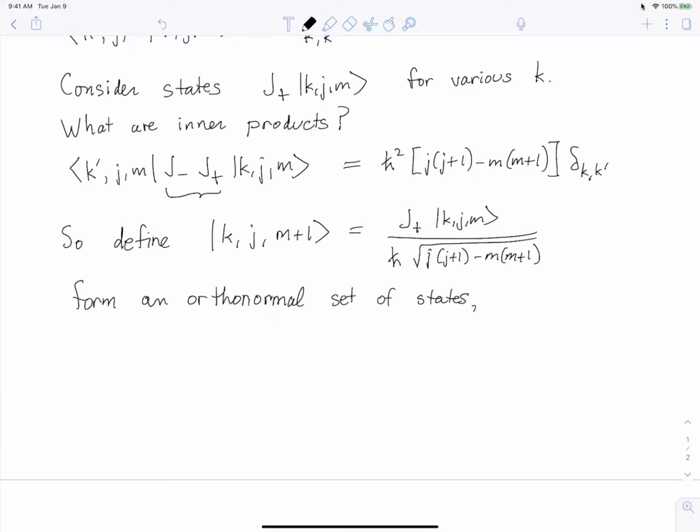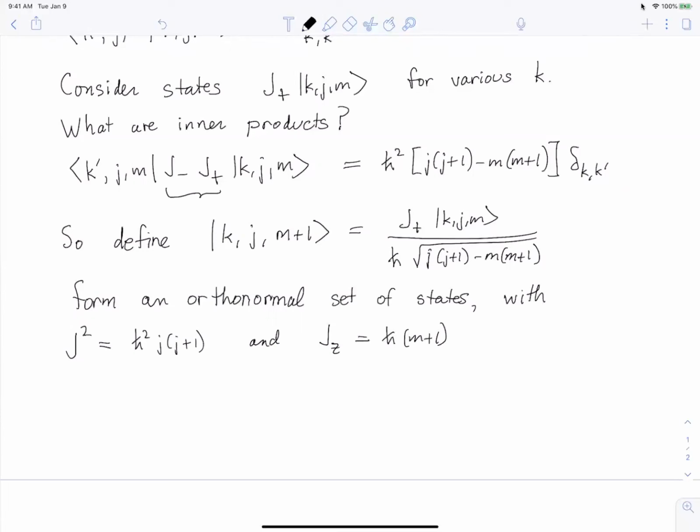Their J squared eigenvalue is ħ squared J times J plus 1, and their J sub z eigenvalue is ħ times M plus 1.